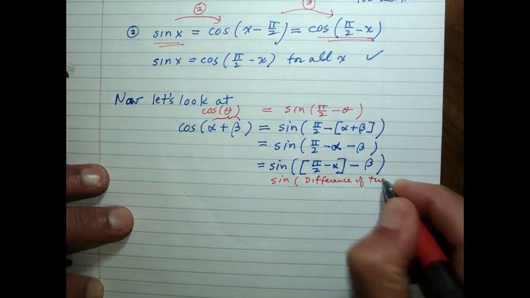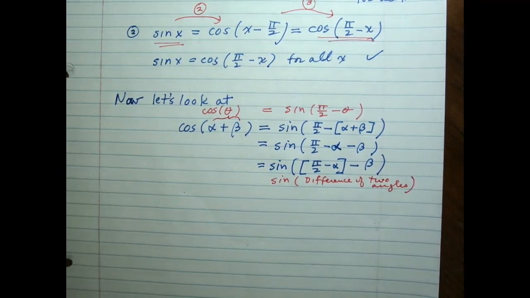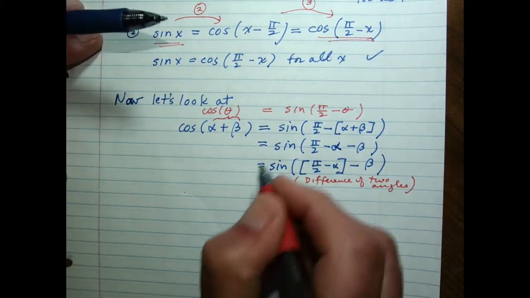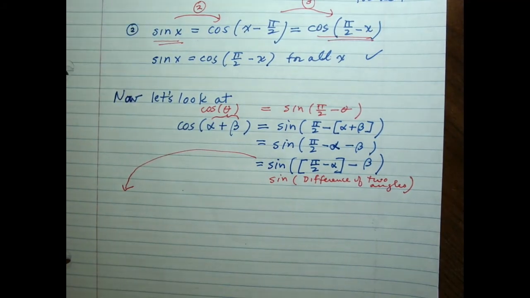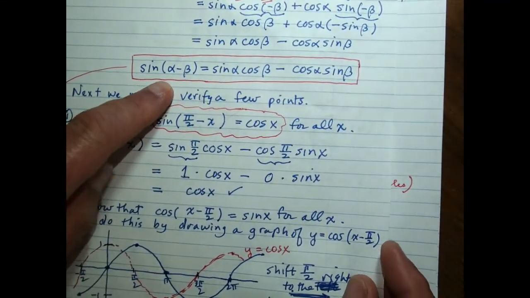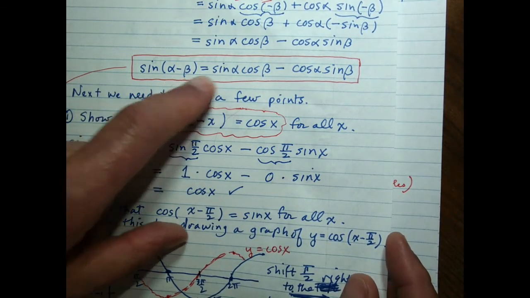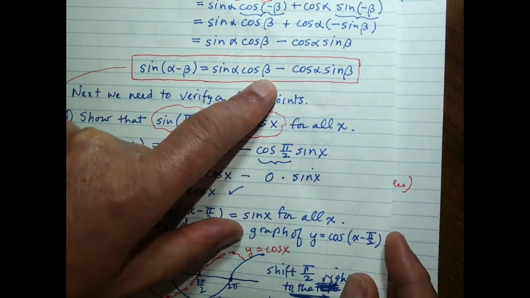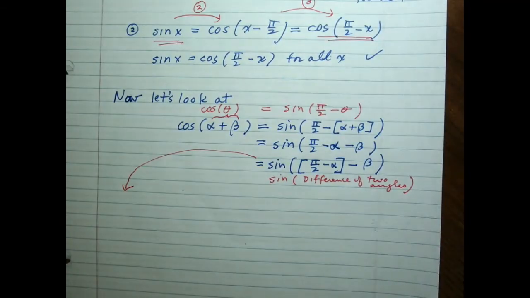I've kind of changed my meaning of alpha and beta at this point, but I can apply, going back to an earlier page, the sine of the difference of two angles identity. It's sine of the first, cosine of the second, minus cosine of the first, sine of the second.